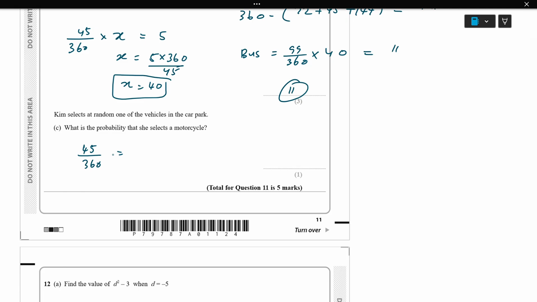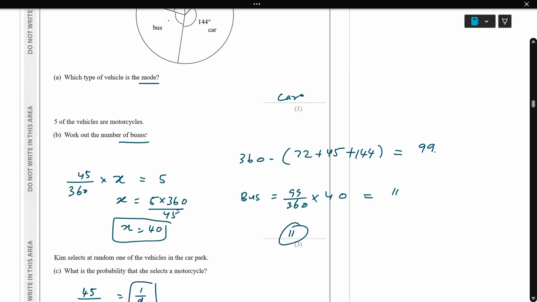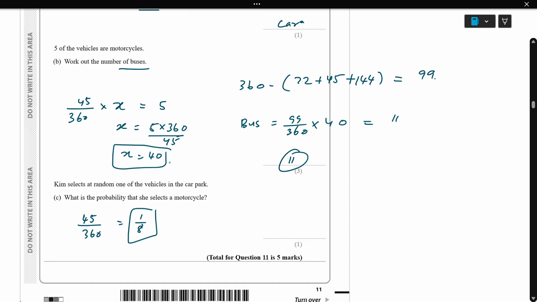The answer is going to be, when we simplify, 1 over 8. Or else, this I did with angles. Or else, we have the motorcycle number already given, 5, and now we got the total number of vehicles, 40. Still you will get a correct answer, 5 over 40. Still your answer is going to be 1 over 8. So the answer is 1 over 8.